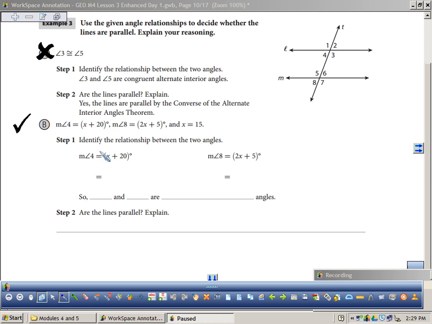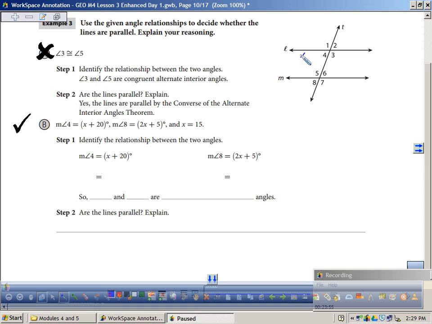Okay, let's use this. So I'm going to use angles to prove the lines are parallel. So measure of angle 4, here's angle 4, is x plus 20. And measure of angle 8 is 2x plus 5.